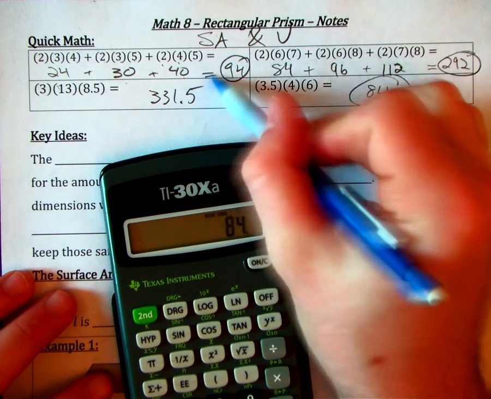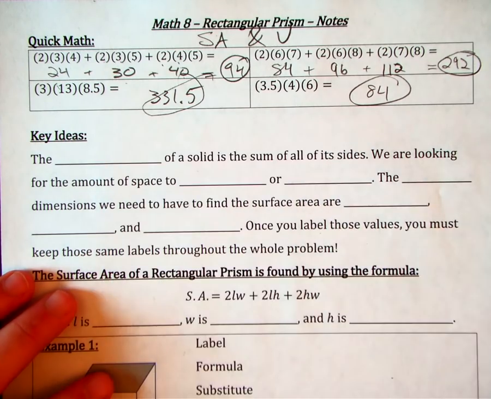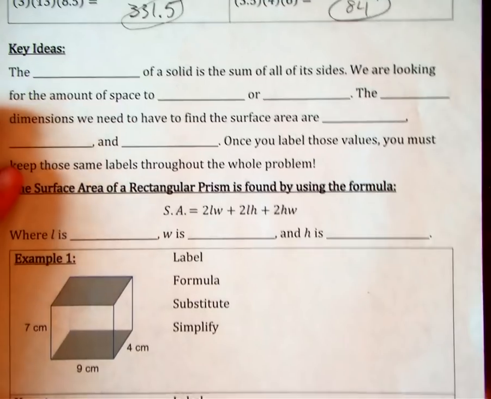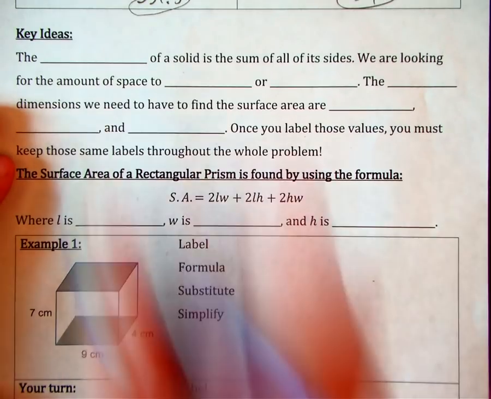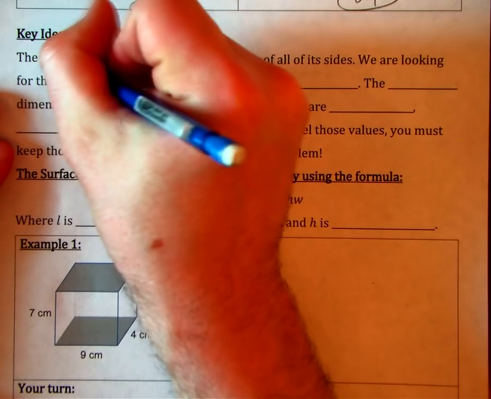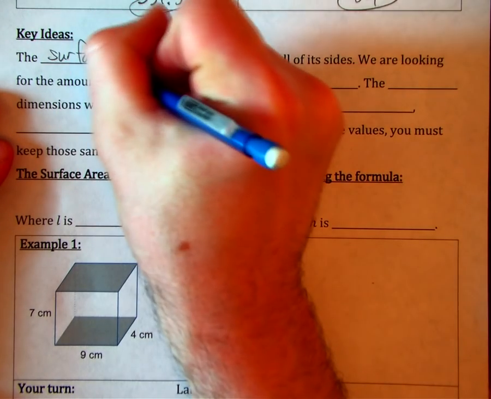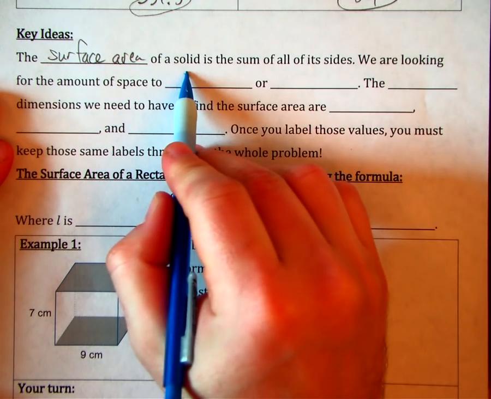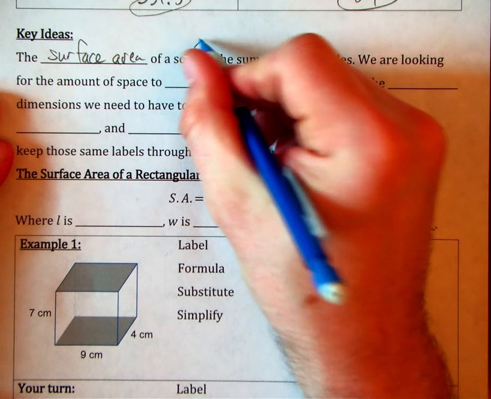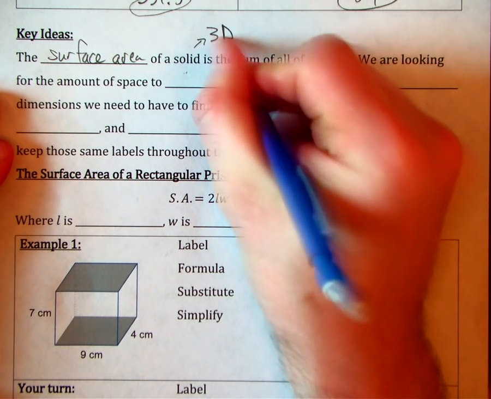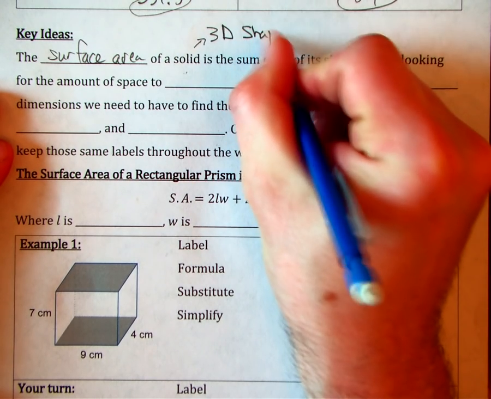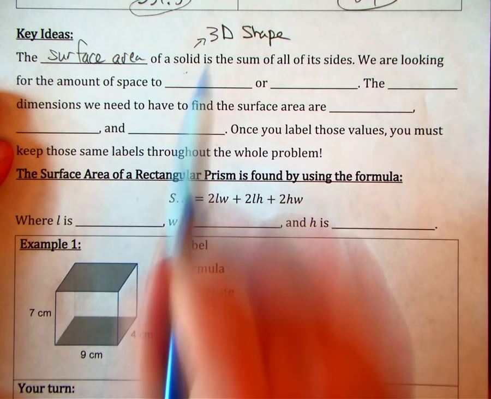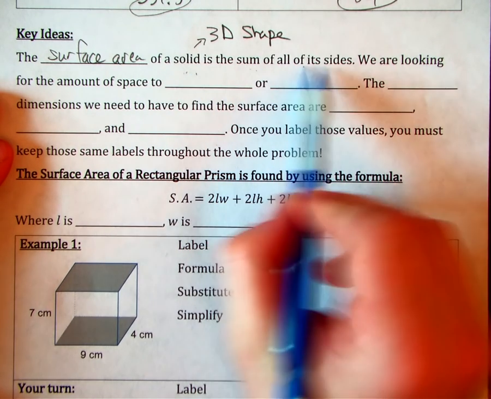So, now that we have our brains warmed up, some of the key ideas that we're going to have for this are as follows. The surface area of a solid, that's talking about a 3D shape, is just going to be the sum of all of its sides.